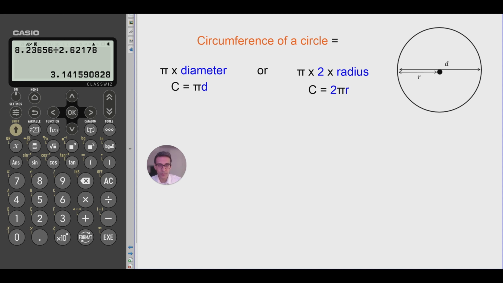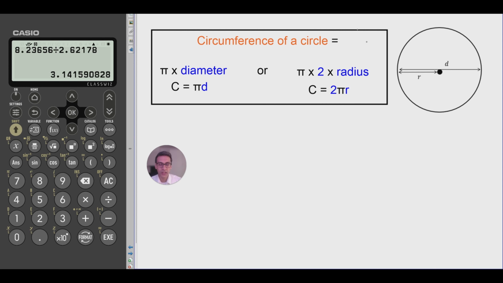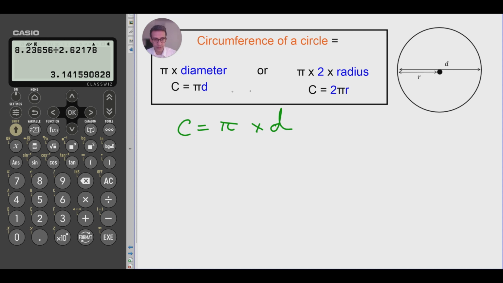So this formula is the main thing that you need to know for this video. The circumference of a circle is given by the formula that we've discovered, which is circumference equals pi times diameter. Now, you've got two formulas here. They are actually the same formula. We know that the diameter is simply 2 lots of the radius, or 2 radii together.